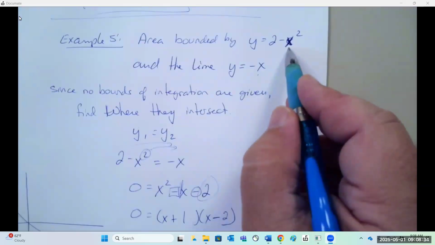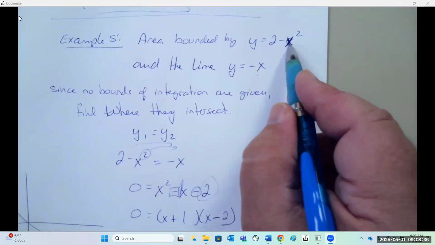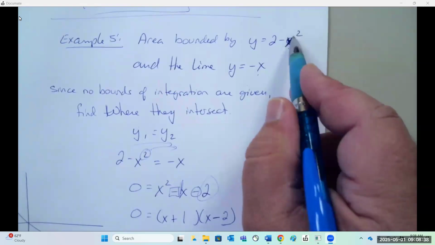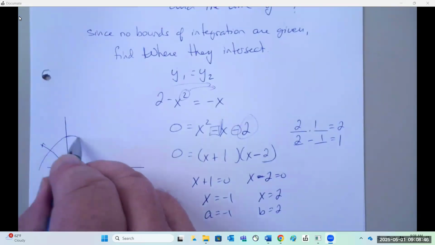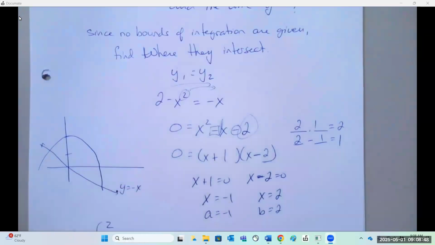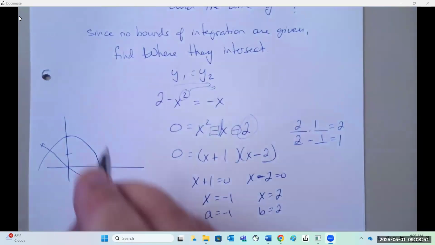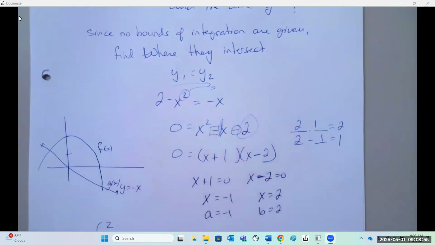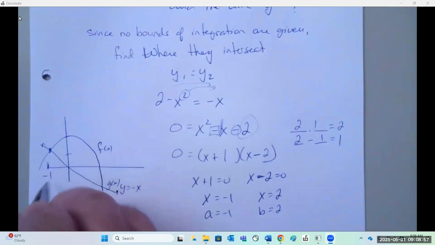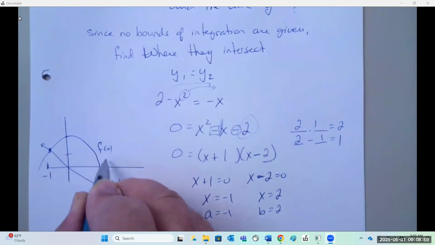This one is a parabola that just shifts up and opens down 2 spaces. So this is f and this is g, and they cross at negative 1 and 2.